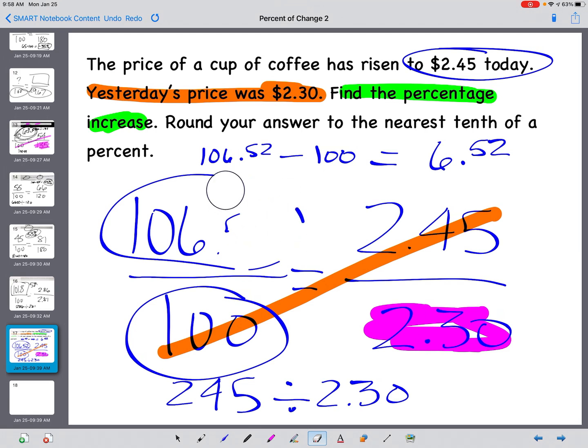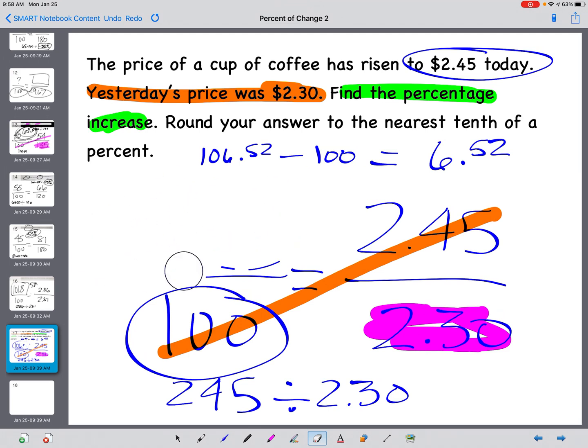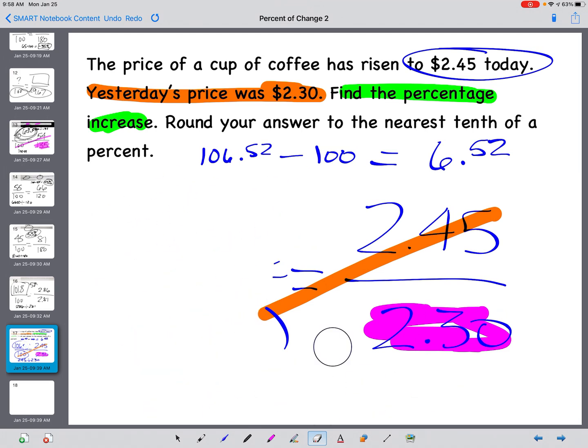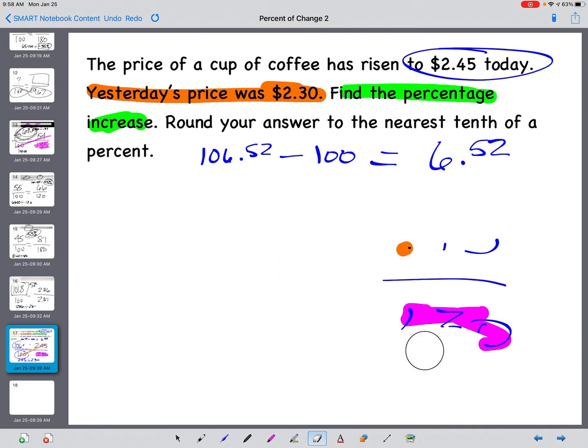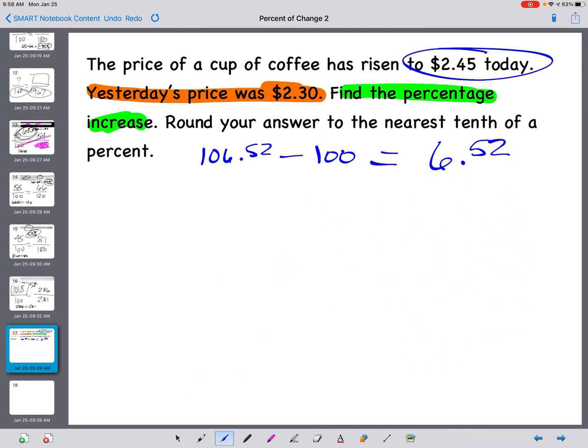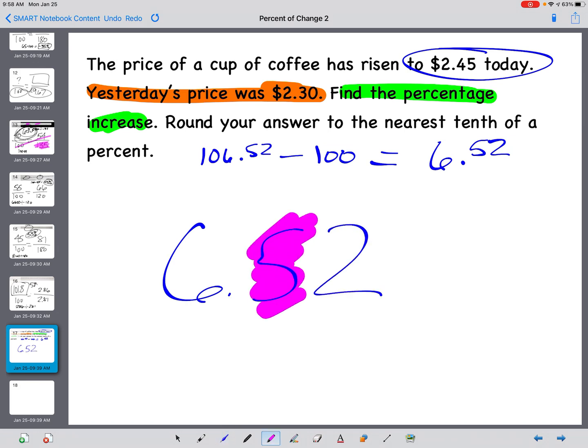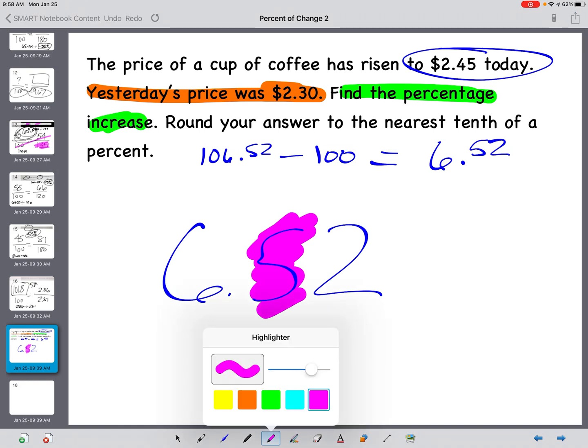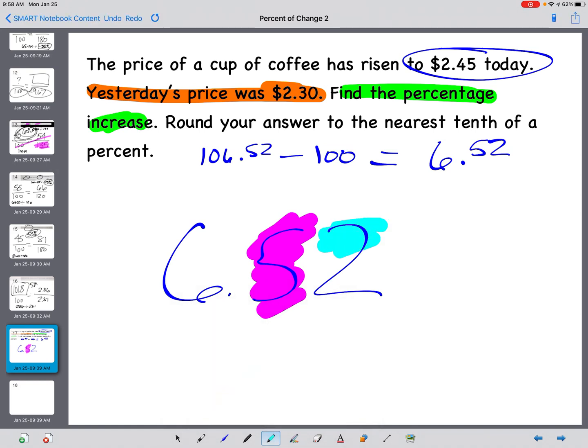At this point, don't forget it did say round your answer to the nearest tenth of a percent, so that's what we're going to do. It is 6.52%, but we're going to round to the nearest tenth. This is the tenth place, 6.5. So that 5 is in the tenth place. You have to look to the hundredths place in order to round.